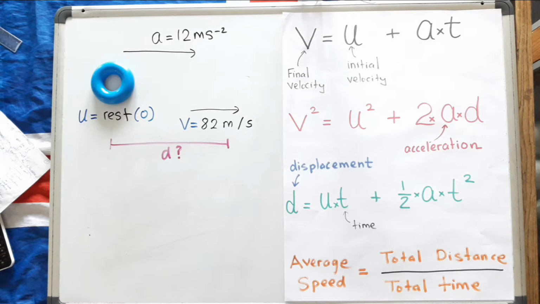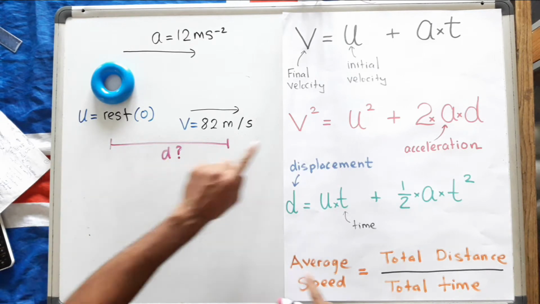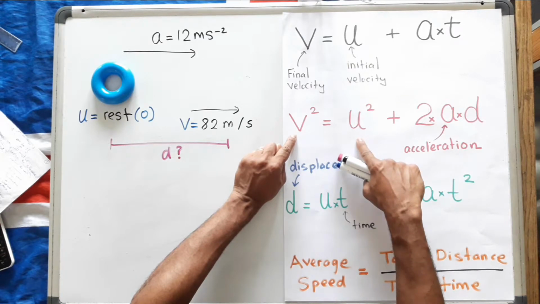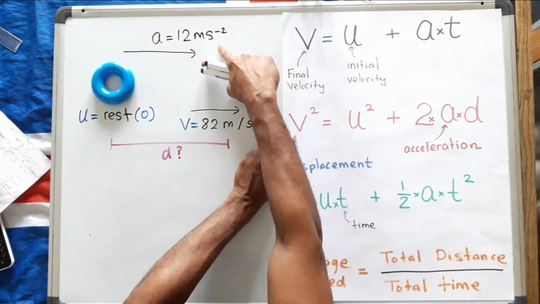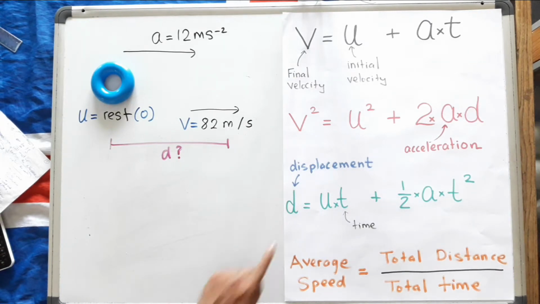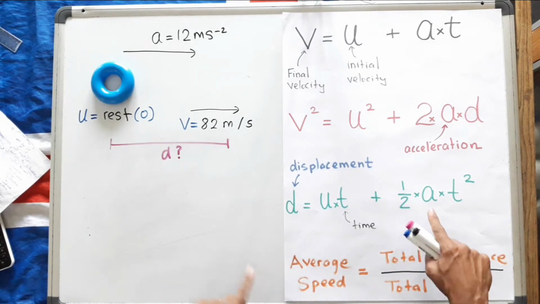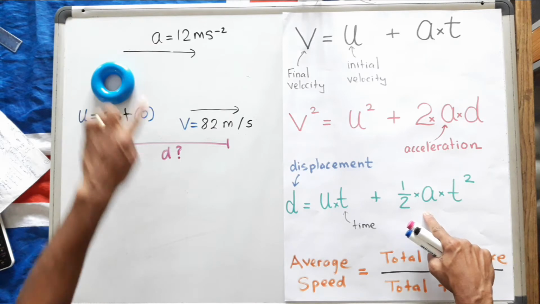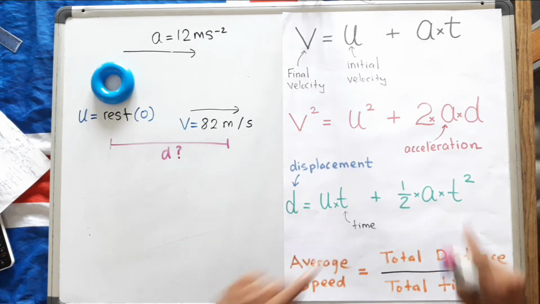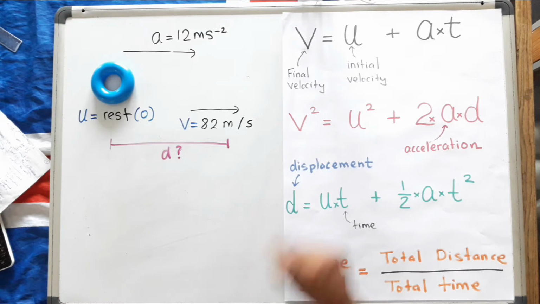The red one has a U and a V, and it also has a space for A. So I think the red one would be the better choice. The green one has a value for A, but it requires a time for this equation to work. We don't have a T value. So the red one is the one that we need to use.